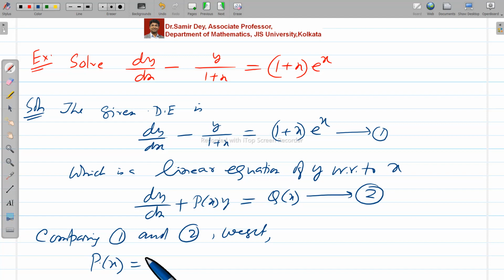Px is equal to, very good, minus 1 by 1 plus x. How to decide that? It is very easy. What is the coefficient of y? That is your Px. So the coefficient of y is minus 1 by 1 plus x. And what is your Qx? Qx is equal to 1 plus x into e to the power x.